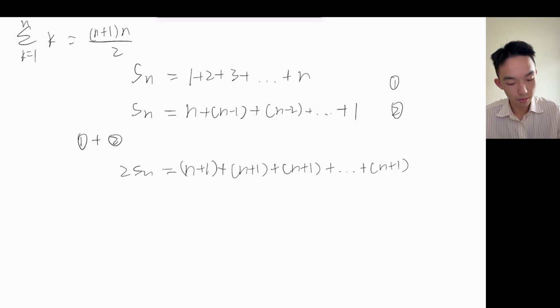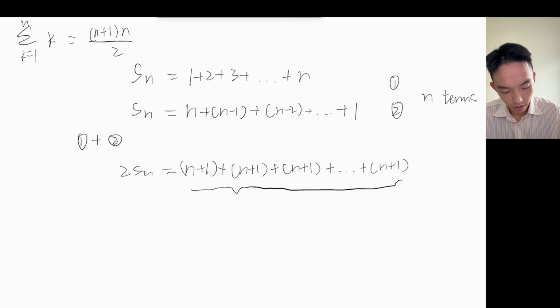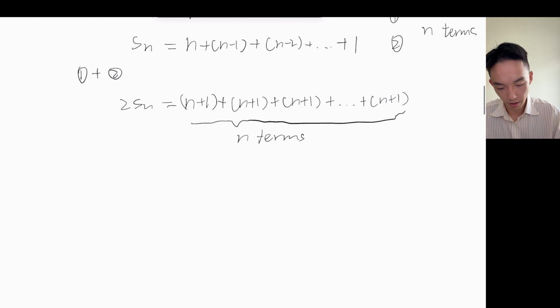So how many terms do we have here? In equation 1 and equation 2 we both have n terms, and because we add them one by one, we still have n terms here. Which means we can write 2Sn as n times n plus 1.